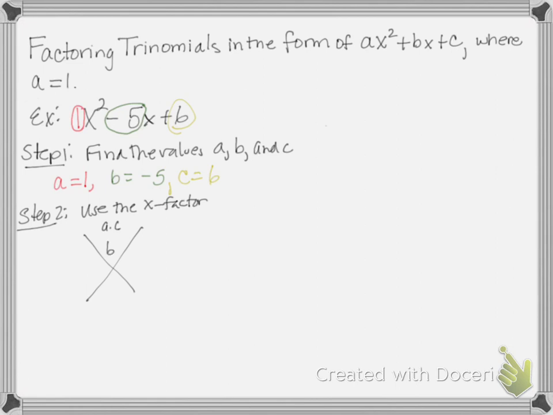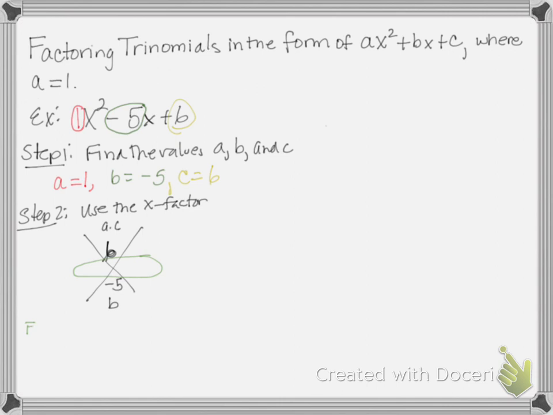Okay, this is a 6. All right, put my b value, which is negative 5, into this part of the X. And then I'm going to look for values of 6 that add up to negative 5, or the factors of 6 that add up to negative 5.